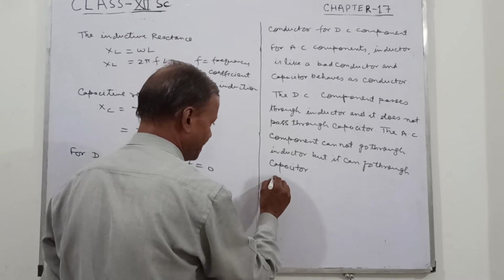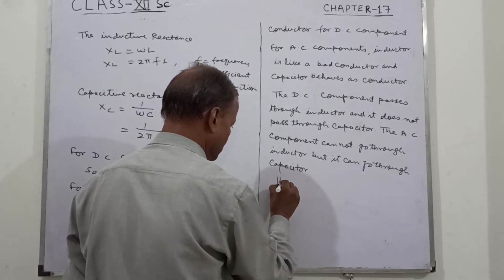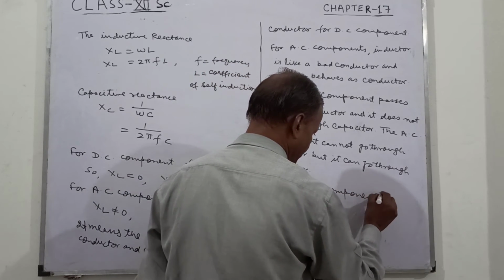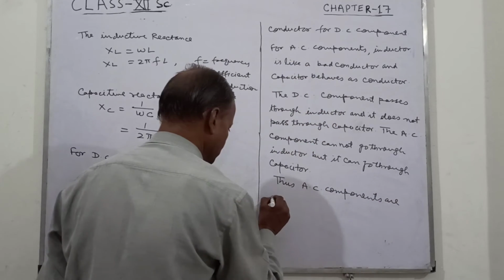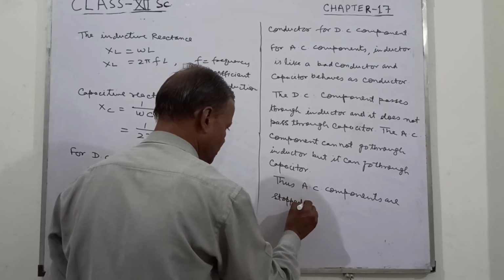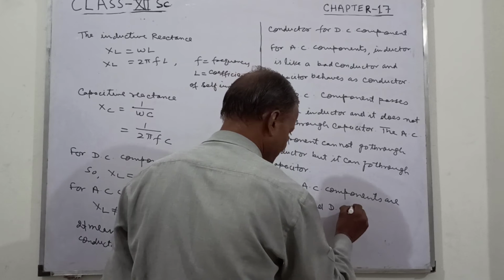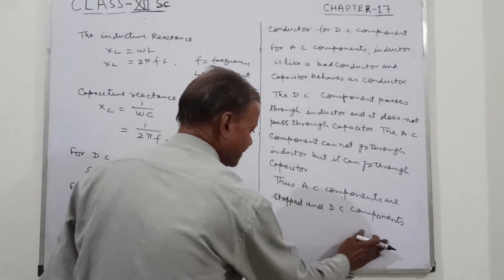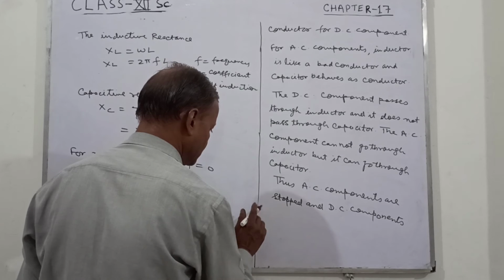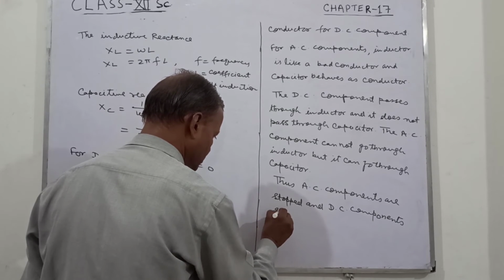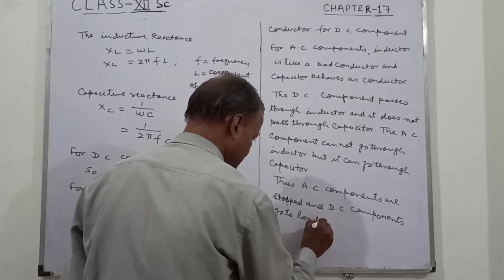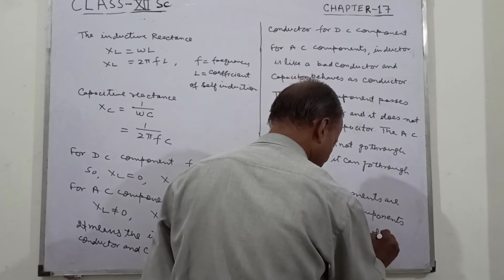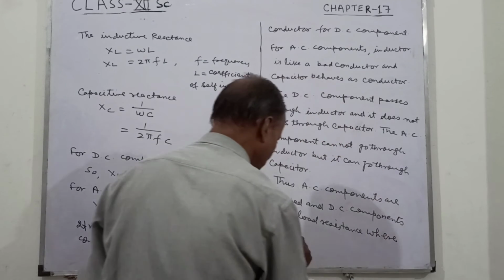Thus AC components are stopped and DC components go to the load resistance where the output is obtained.